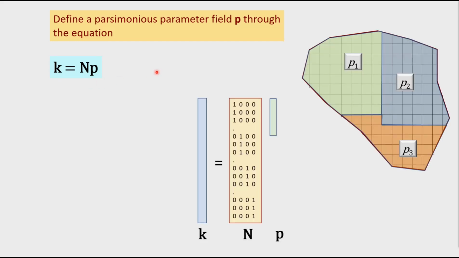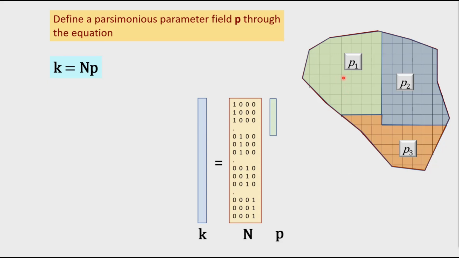Consider the case, for example, where the parameters that we estimate, the elements of P, pertain to zones of piecewise constancy into which we subdivide the model domain. Here's 3 zones of piecewise constancy, and let us assume in this case that the elements of K pertain to each one of these cells.